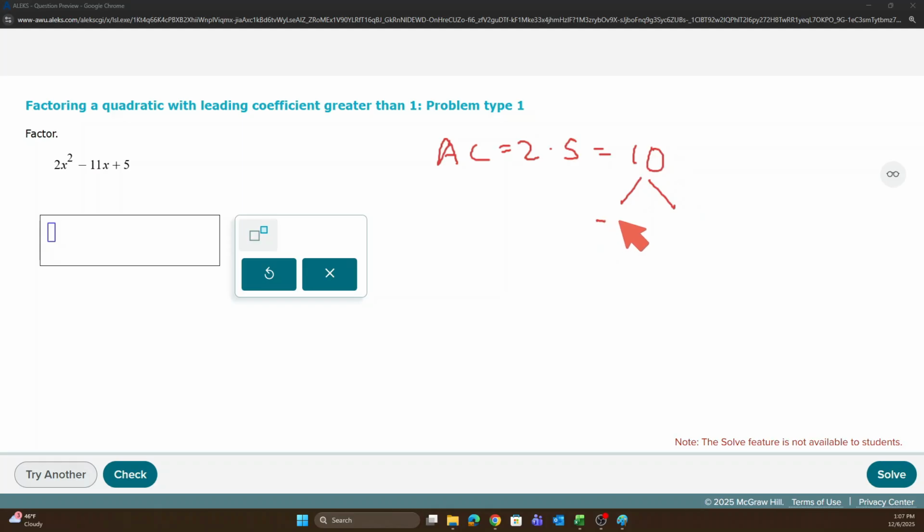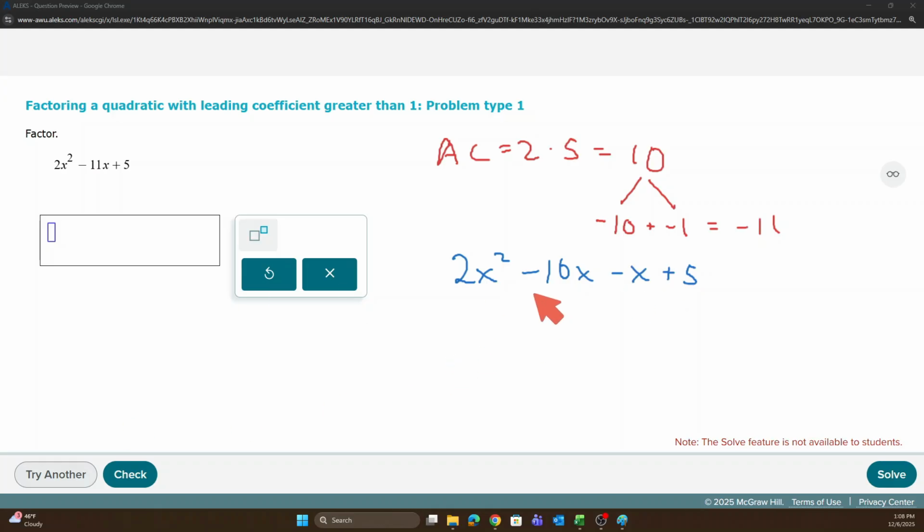That tells me that they're both going to be negative, because negative 10 plus negative 1 gives us negative 11. And negative 10 times negative 1 gives us positive 10. So we're going to use that to break apart our thing. 2x squared minus 10x minus x plus 5.